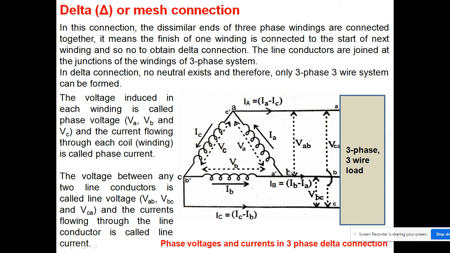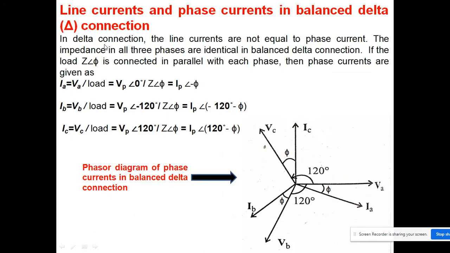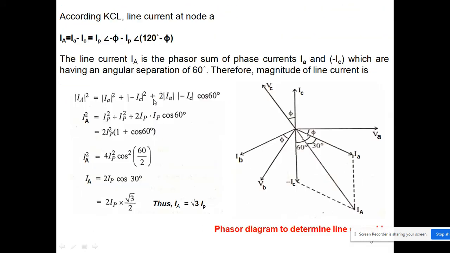If I see from B, then it becomes equal to this. And if we consider point C, then the line current is this. So I am representing that in the slide. These are the values which I mentioned in the previous slide, so I am taking this value and this value.